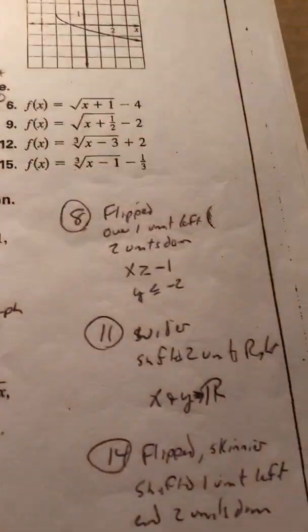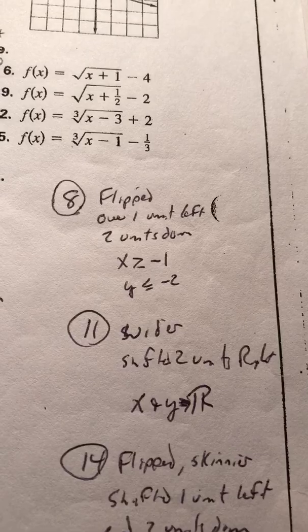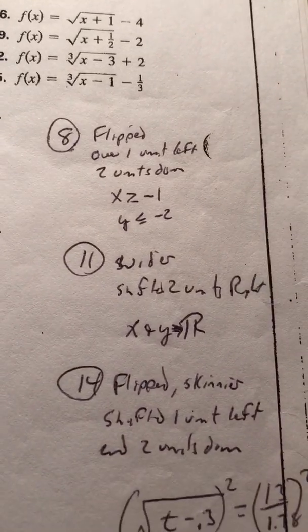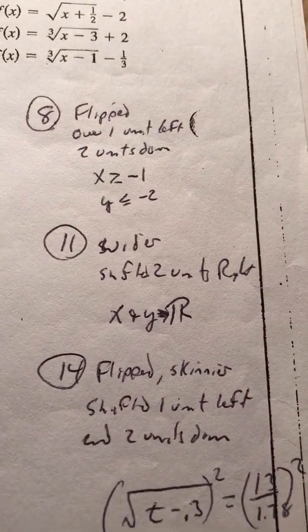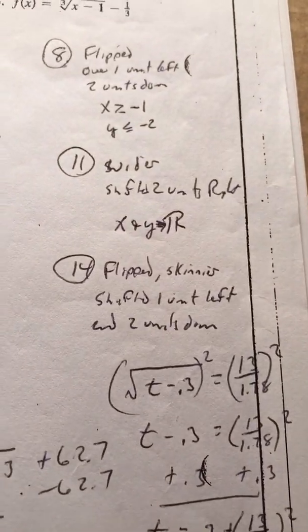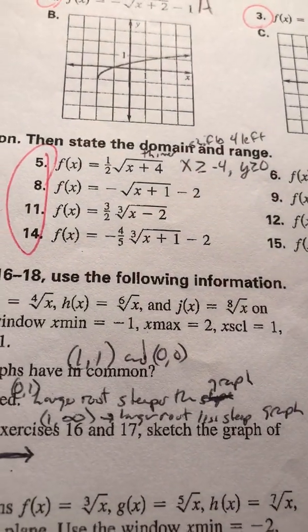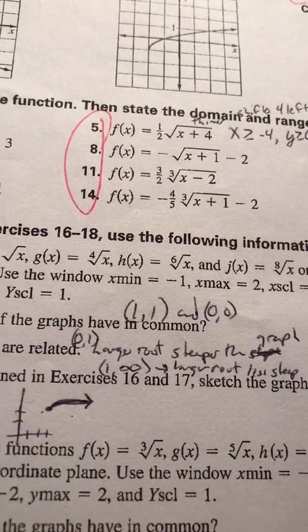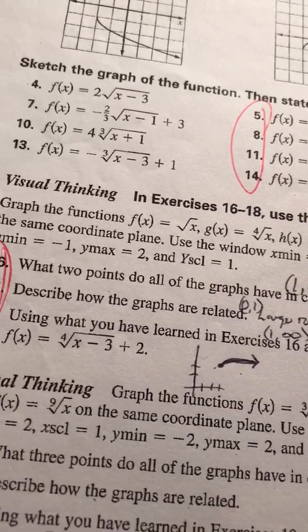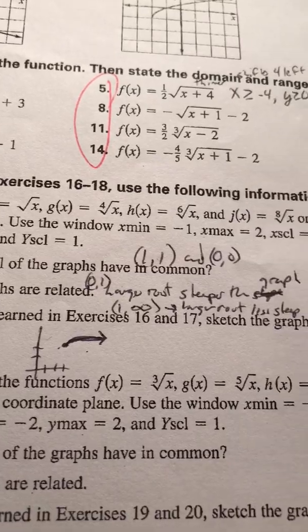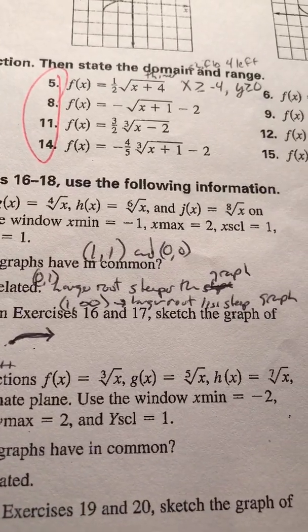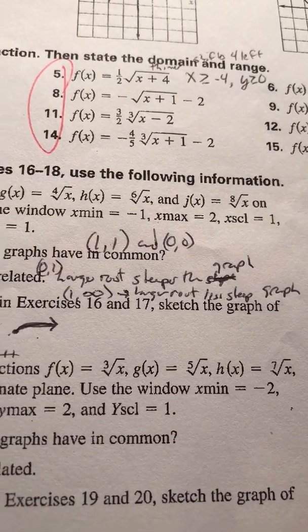Alright, and then 8 is right here, 11 is right there, and 14 is right there. And then 16 was 1, 1, and 0, 0. 17, there's your answer for that.